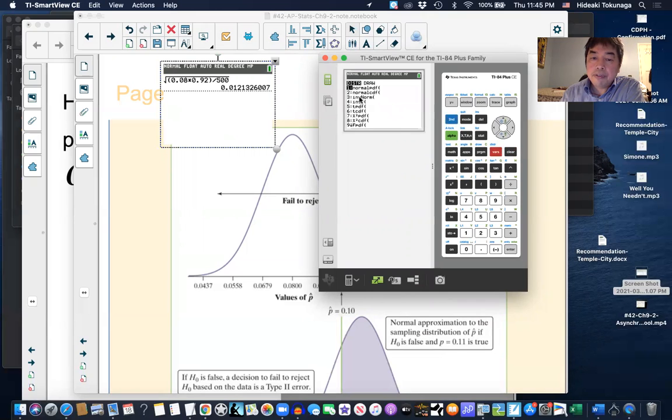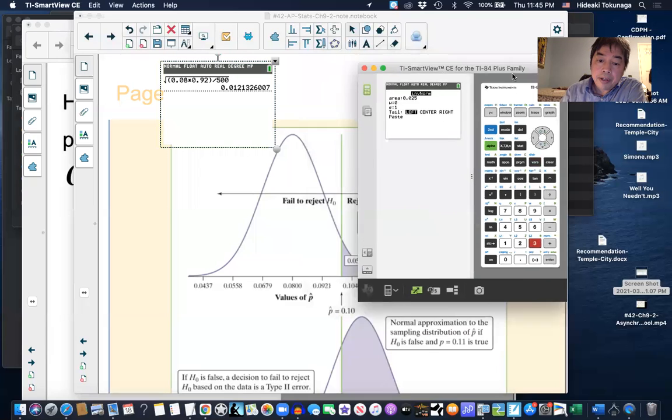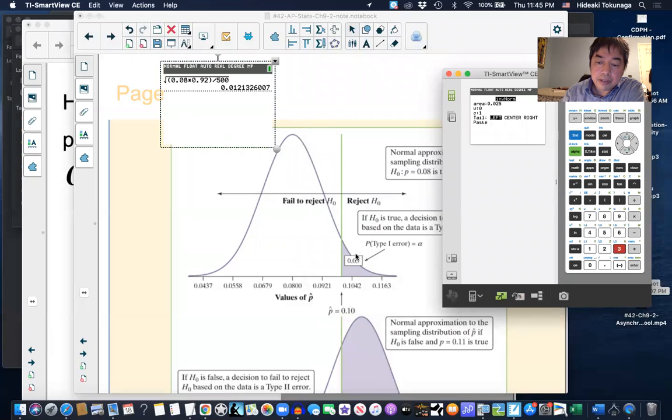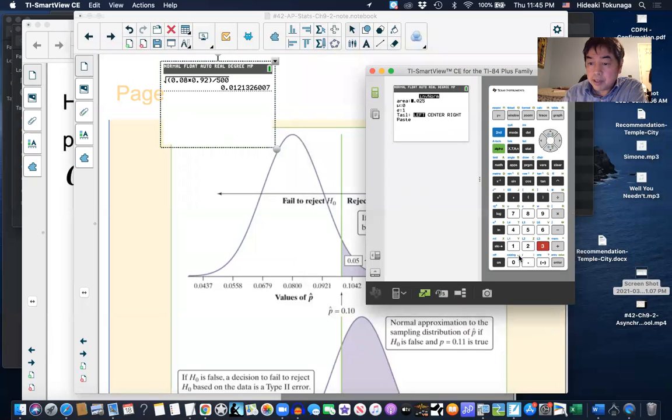If you type in invert norm and set 5% and this mu, not p hat. Let's see if it works. Invert norm here. The area here is 0.05. It's one tail, so 0.05.